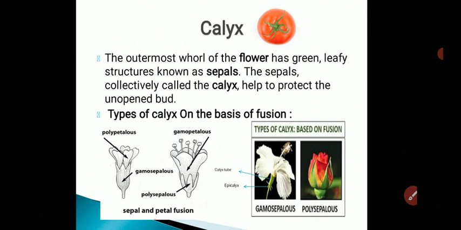In the white hibiscus flower, the basal region shows the calyx tube, that is the union of the calyx, converted into a tube-like structure. In the second, the rose floral bud, the green sepals are free from each other. That's why it is called polysepalous.